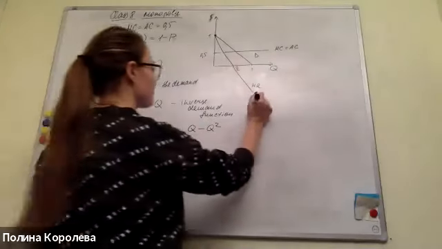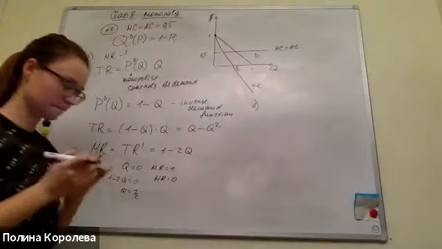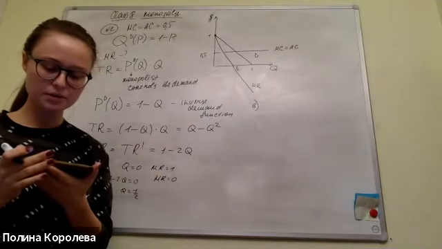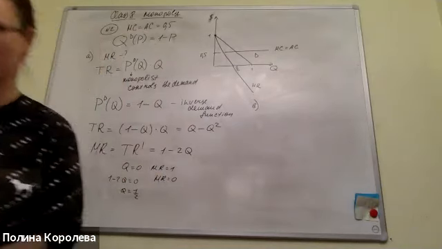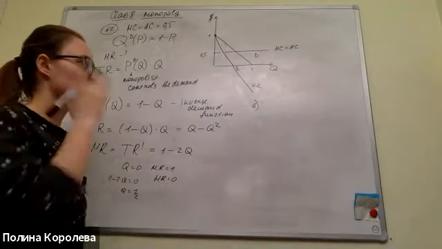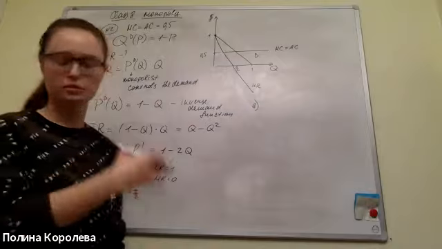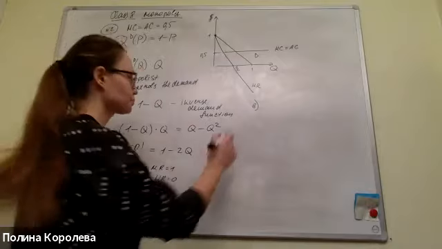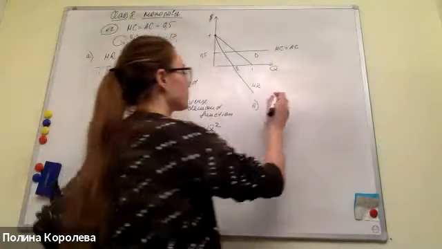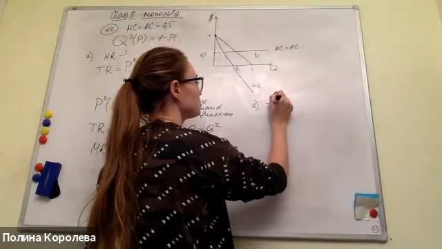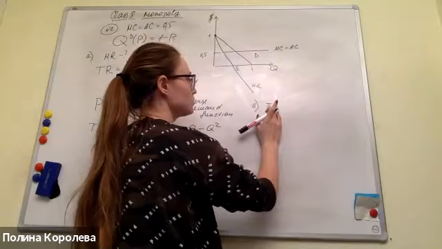Point B. Find the profit maximizing levels of output and price and illustrate them on your graph. So, let's do it analytically and then put it in the graph. We should find the profit of the monopolist and maximize it.